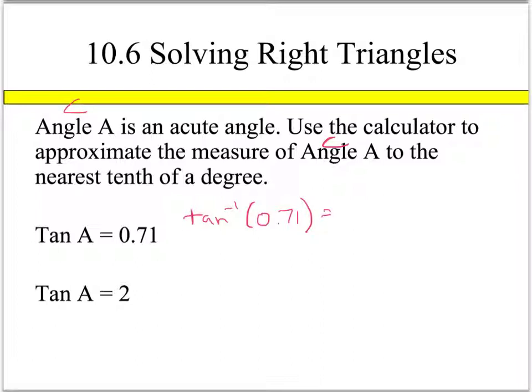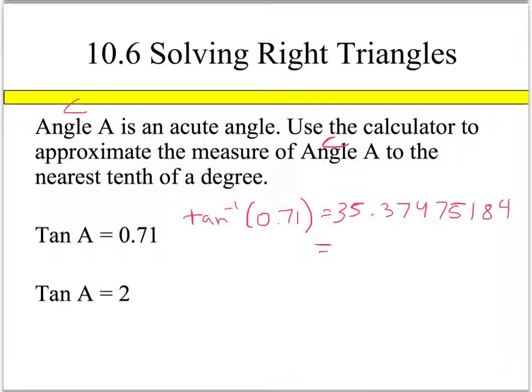Okay, when you come out to your answer on your calculator, you should get 35.37475184. So that should be the answer you get on your calculator. All right. So take second, tangent, type in 0.71, hit enter. This is the answer you should come up with.